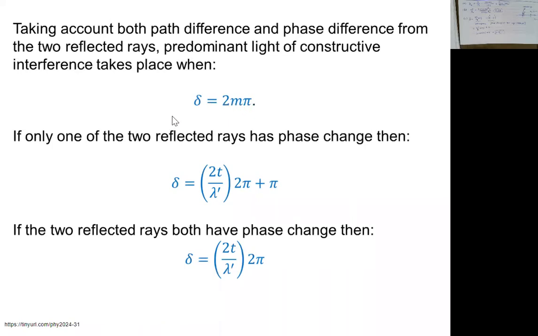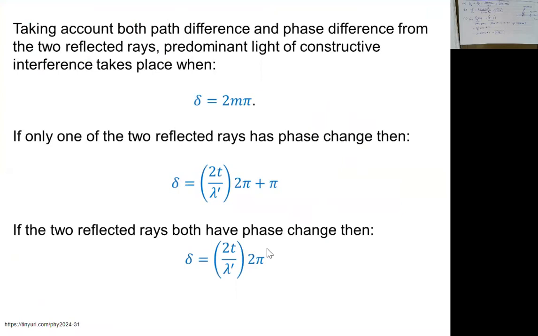In the case where only one ray has a phase change and the other does not, the phase difference comes from the path difference plus the phase change of pi. If you have two reflected rays that both have a phase change, then the phase change effects cancel out, so you don't have the plus pi there.